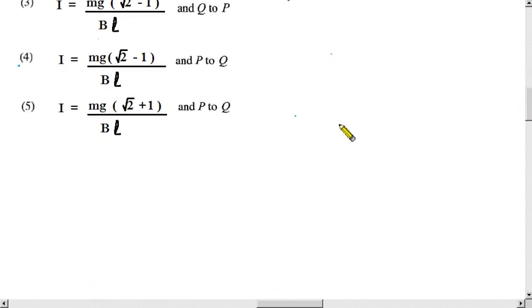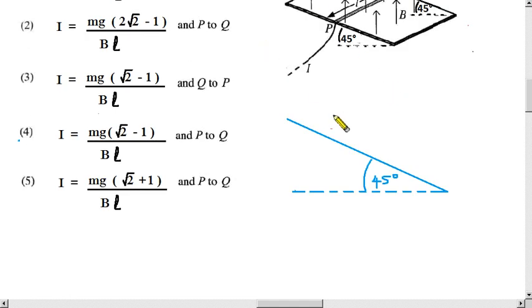So now I am going to start. The angle is given as 45 degrees. So the wire is like this.